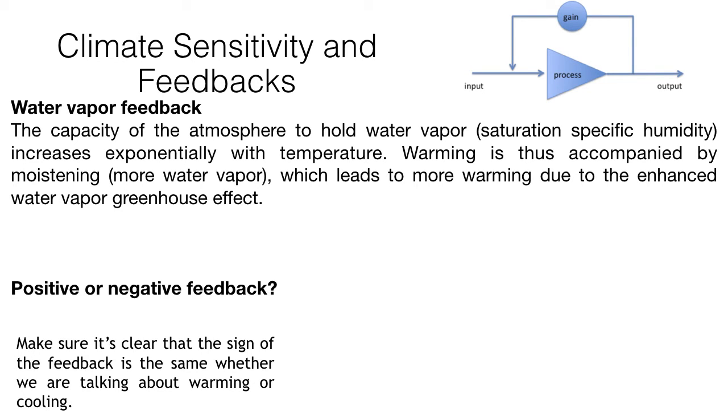Let's go to the next one, water vapor feedback. The capacity of the atmosphere to hold water vapor, called specific humidity, increases exponentially with temperature. More temperature, more water vapor it can retain. Warming is thus accompanied by moistening, which leads to more warming due to the enhanced water vapor greenhouse effect.